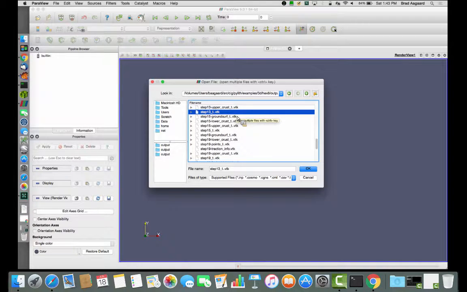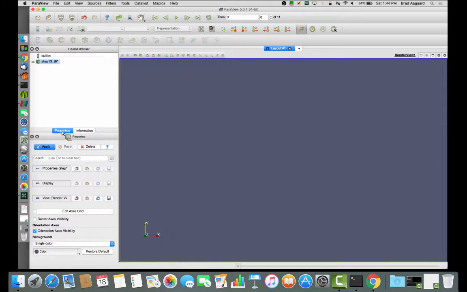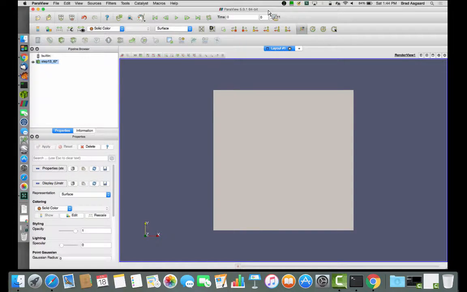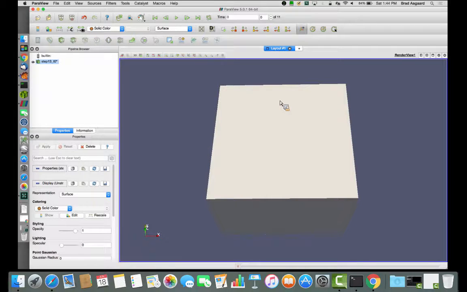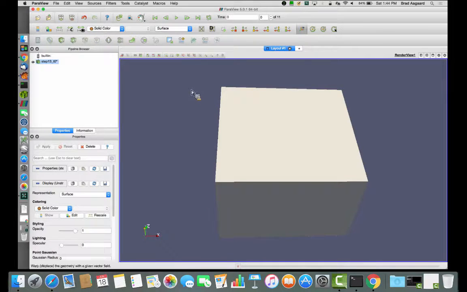Here they're in different files. Within ParaView, instead of doing the cascade and selecting all of them, you just select them when they have the little double dot there. That selects them all, and you'll notice up here I have 0 of 11, so I'm going to have 11 time steps here. And so here's my fault.